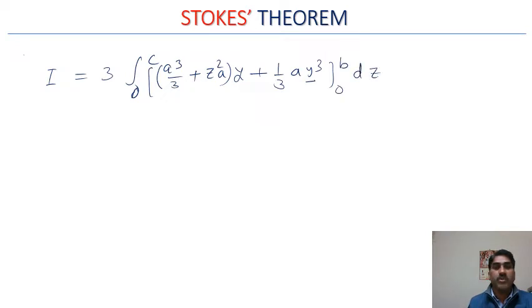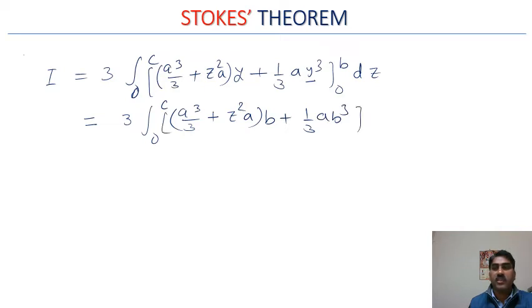Now again put these limits, and you get 0 to c, a cube by 3 plus z square a b plus 1 by 3 a b cube and dz. Now you can integrate with respect to z.